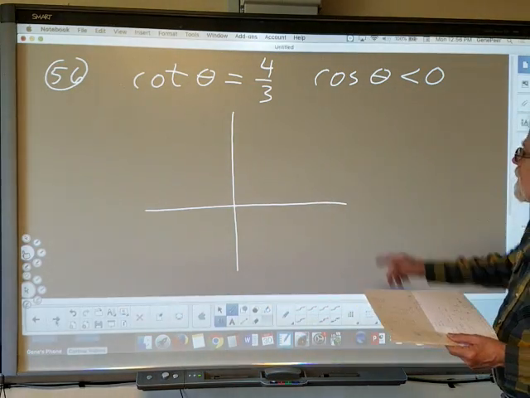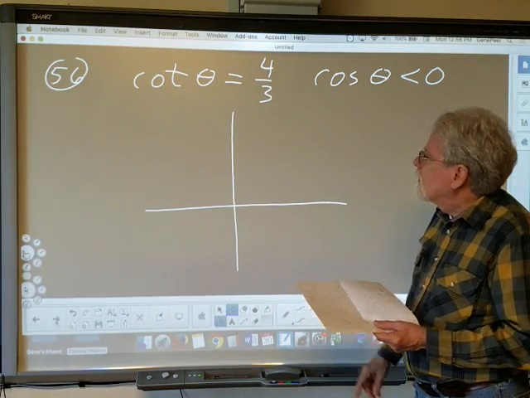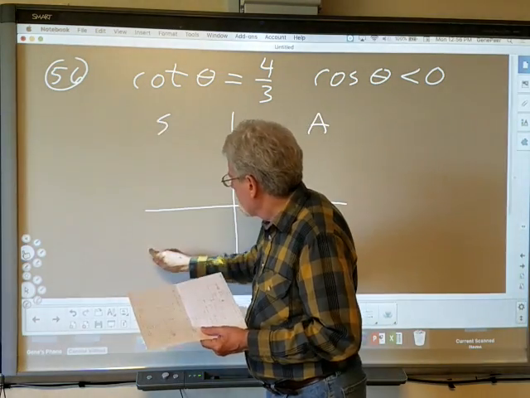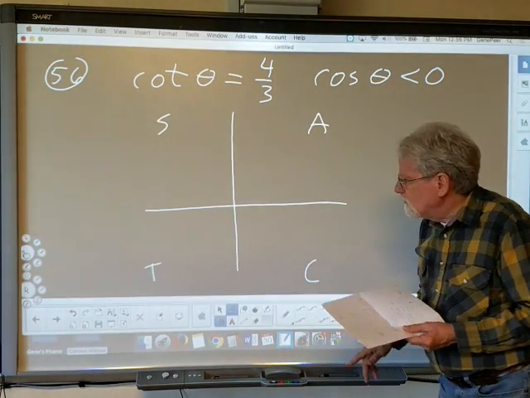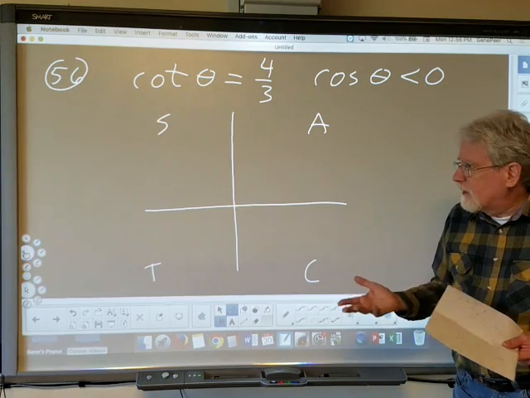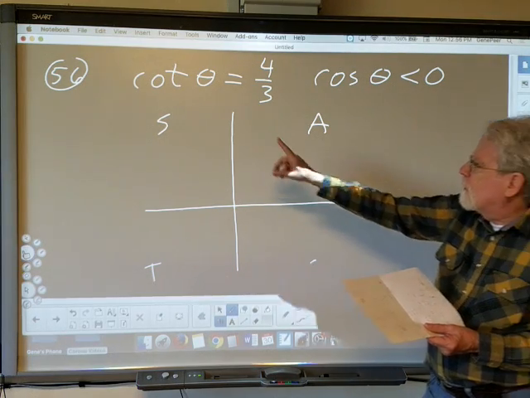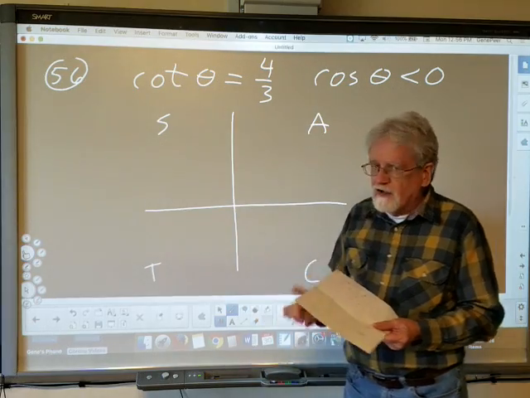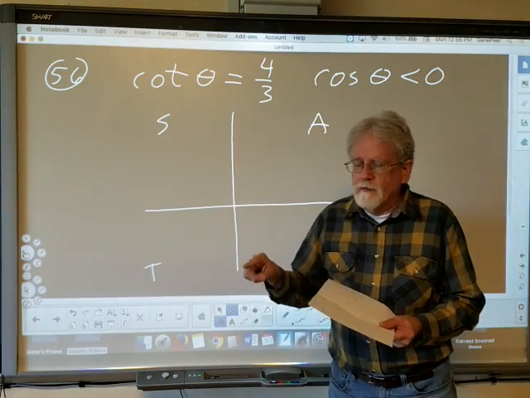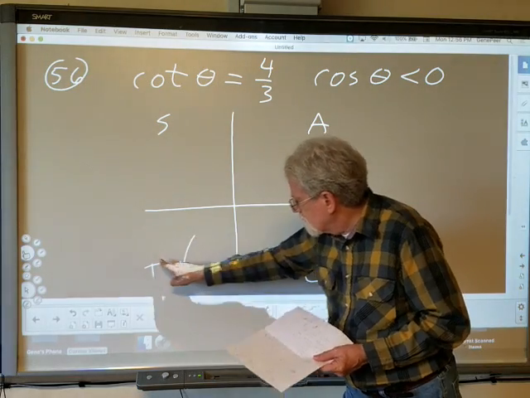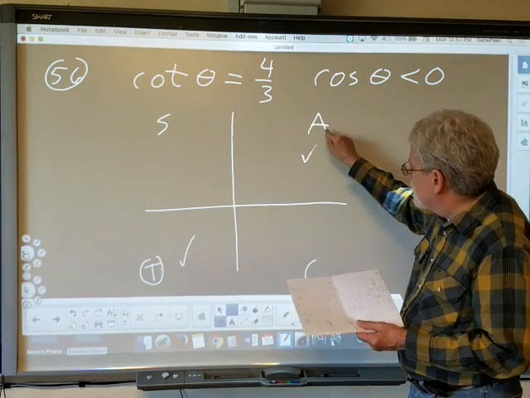For this one, cotangent is positive. Where will cotangent be positive? Well, all students take chemistry only tells us about those 3 fundamental functions, sine, cosine, tangent. But it also applies to their reciprocals. As we all know, cotangent is the reciprocal of tangent. Where is tangent positive? Here, and here.